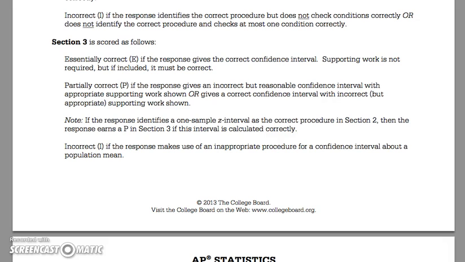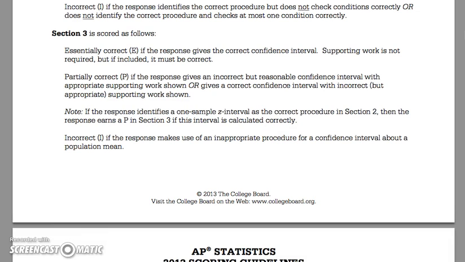If the response identifies a one sample z interval as the correct procedure in Section 2, then the response earns a P in Section 3 if this interval is calculated correctly. Incorrect if the response makes use of an inappropriate procedure for a confidence interval about a population mean.